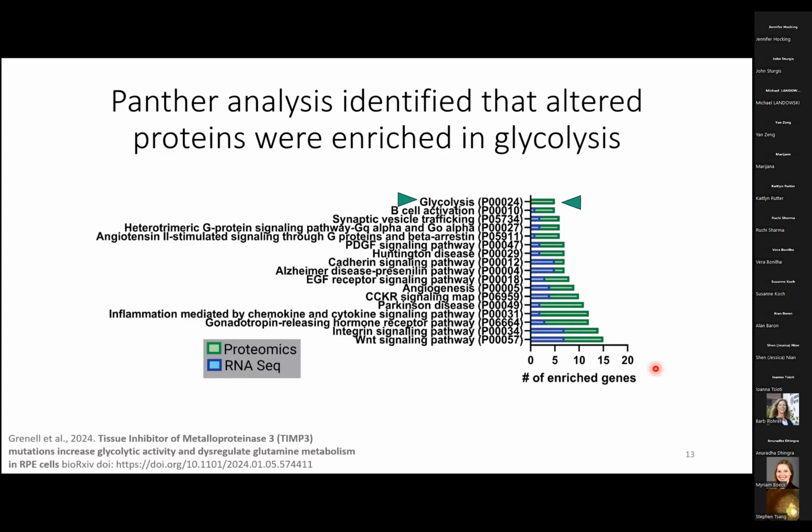And the only overt metabolic pathway that we were able to identify was glycolysis. And interestingly, this only came up in our proteomics data. And we think that this might be because these enzymes are generally regulated at the protein level with post-translational modifications.